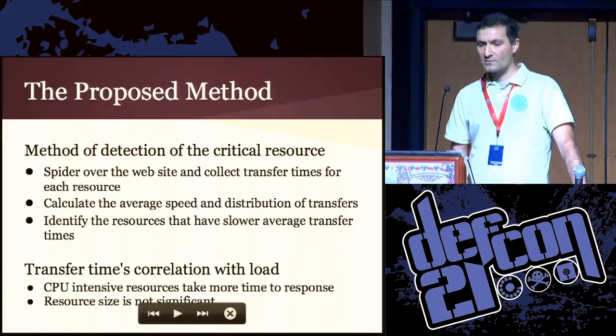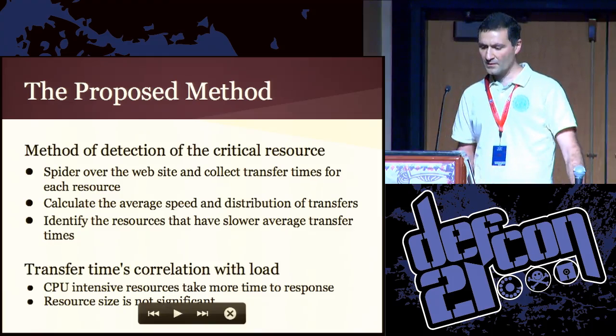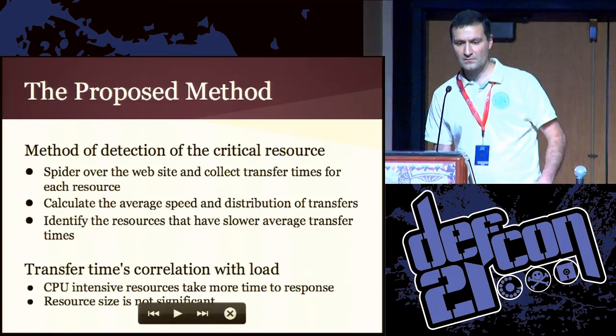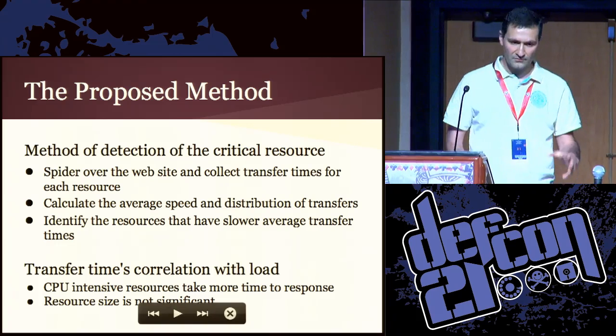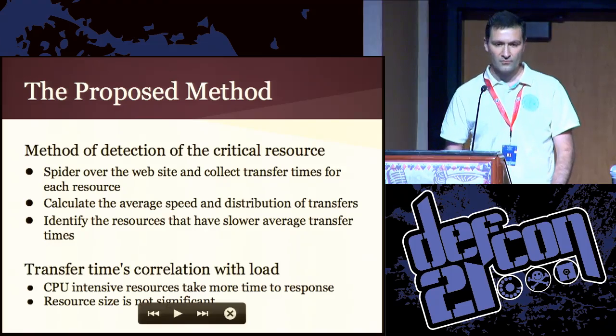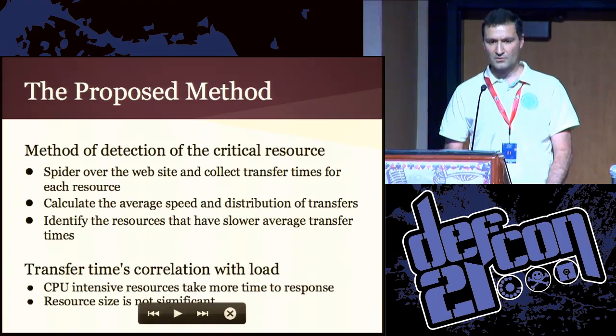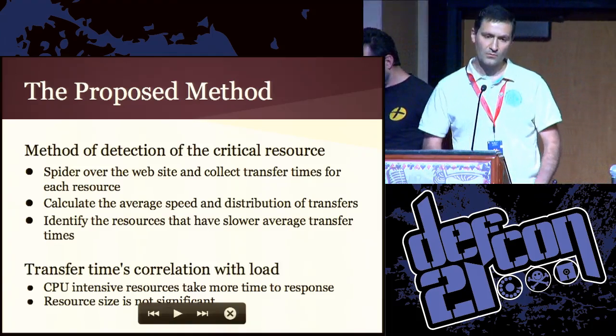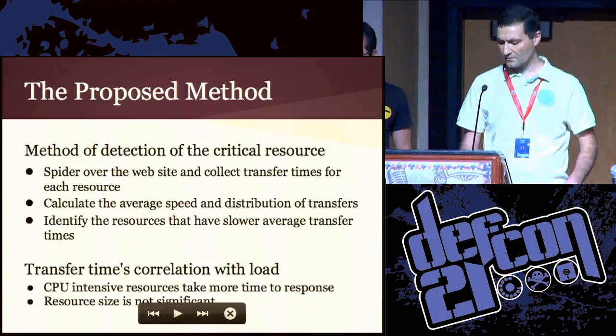What this gives us is a lot of data. And what deals very well with a lot of data is statistics. So we use statistics to filter through the data. We calculate the average of all the download times. That gives us a baseline. What is a normal transfer time? And then we can tell, oh, these resources are slower or faster.